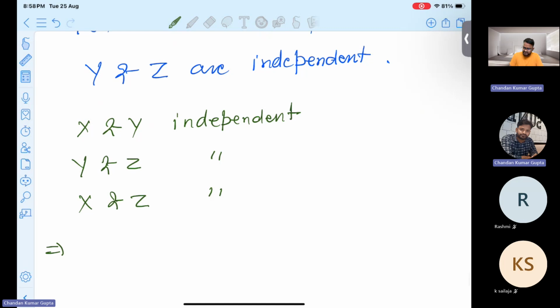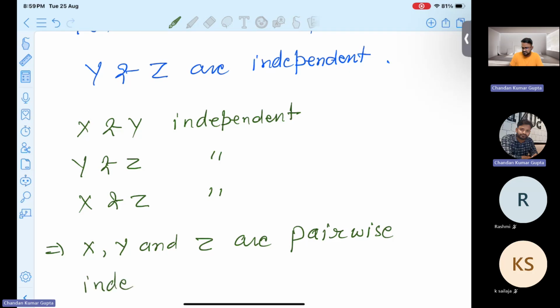This implies x, y, and z are pairwise independent. Is it okay? Because there are three variables and there are three possible combinations, xy, yz, and xz, and all these three combinations follow the independent rule. So these are pairwise independent.